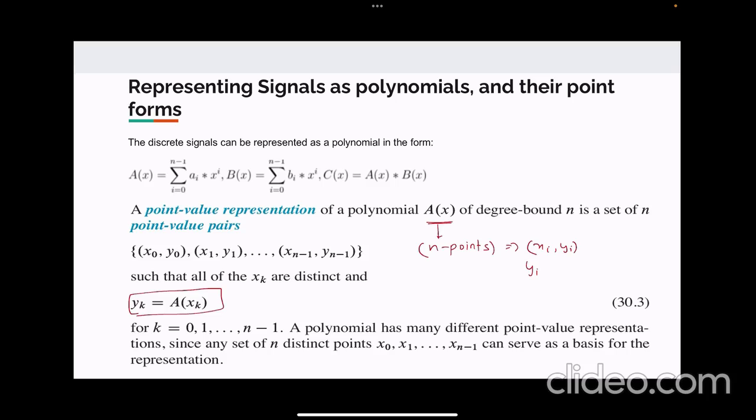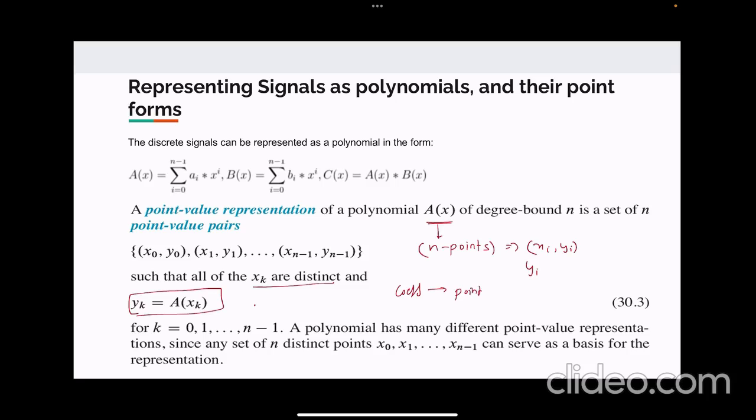Basically, I'm selecting n distinct points, and because all of my xk are distinct, my n distinct points will always lead me to a unique degree n polynomial. So I can essentially convert my coefficient form of a polynomial into the point form.